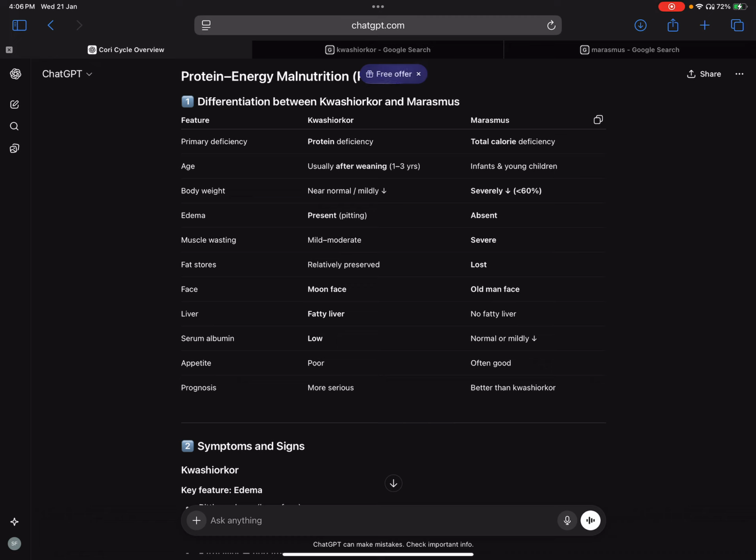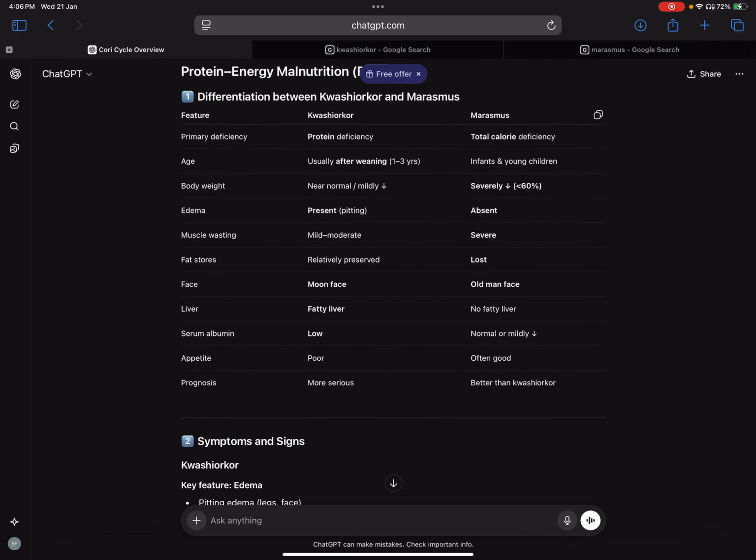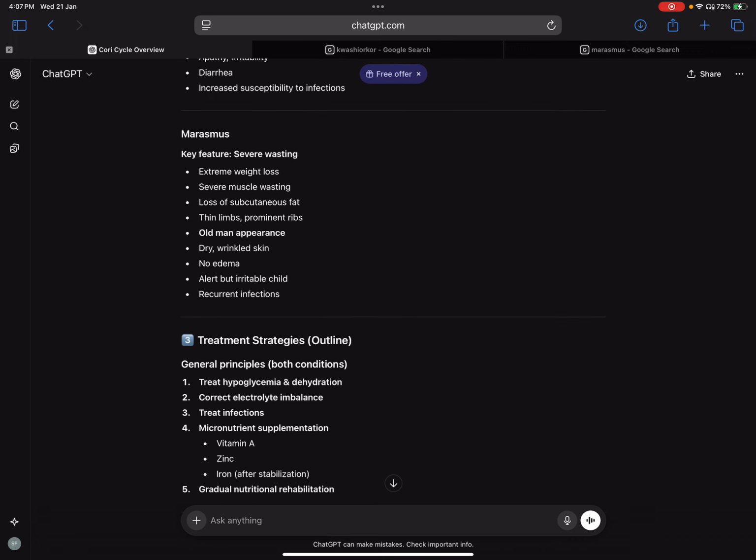Serum albumin will be low in kwashiorkor, in marasmus it's normal. In kwashiorkor appetite is very poor, in marasmus it's often good. Kwashiorkor has a more serious prognosis, marasmus is better than kwashiorkor. Prognosis means the chances of improvement, so in kwashiorkor the chances of improvement are lower, in marasmus the prognosis is better, meaning the child can move toward recovery, okay?